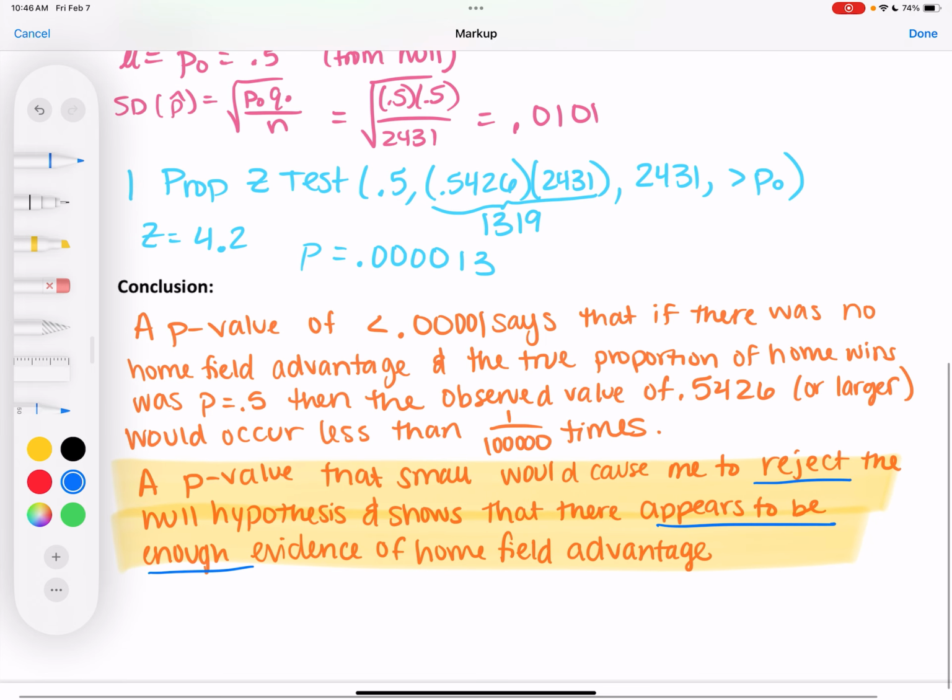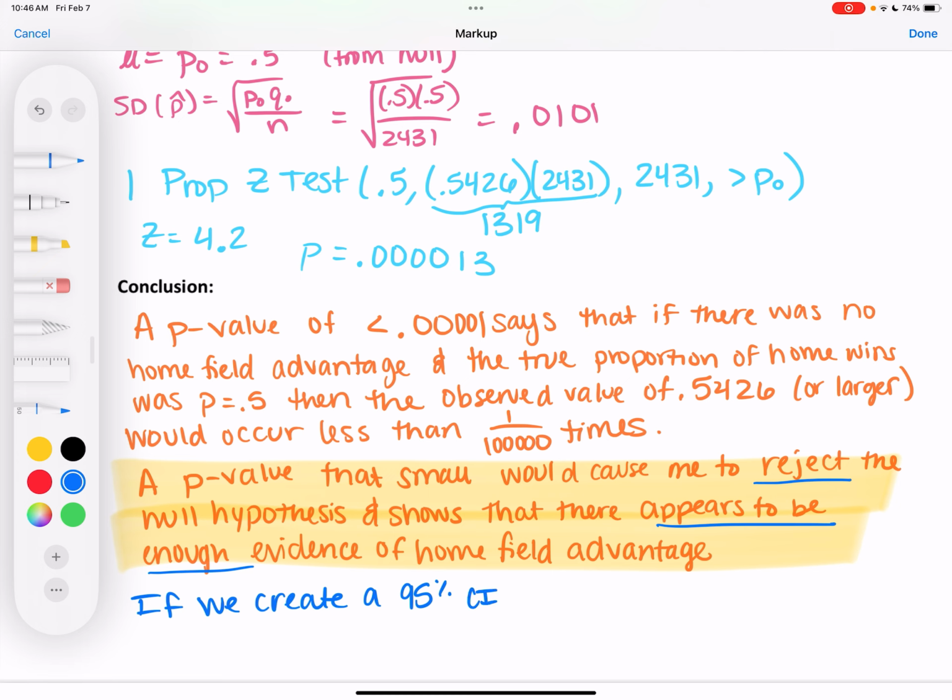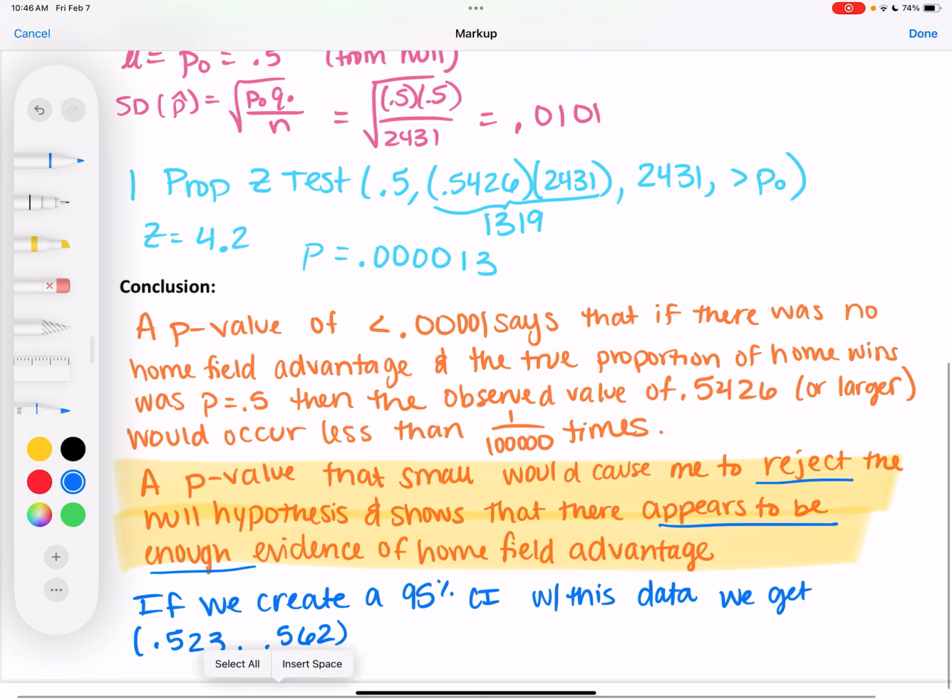And so my concluding statement that deals with that would say something like, if we create a 95% confidence interval with this data, we get, and it was 0.523 to 0.562 for the true proportion of home team wins.